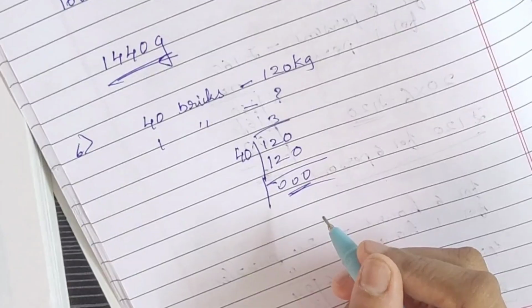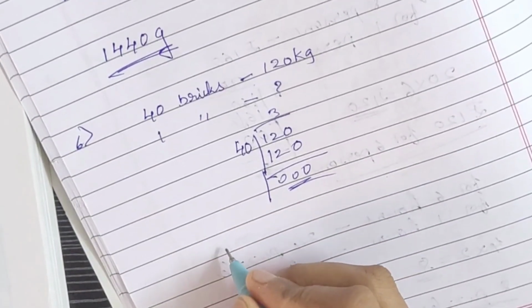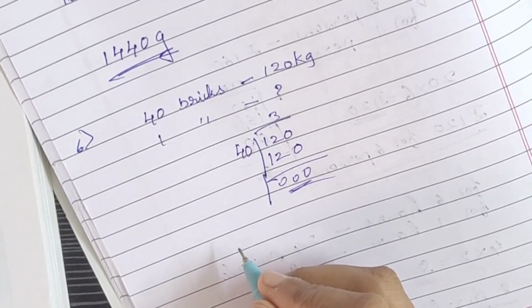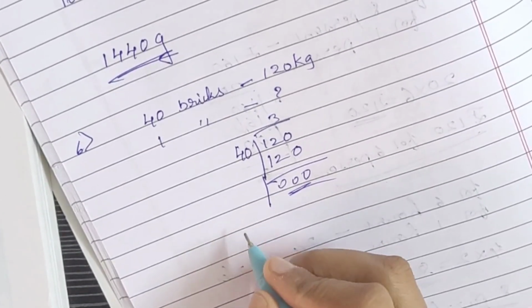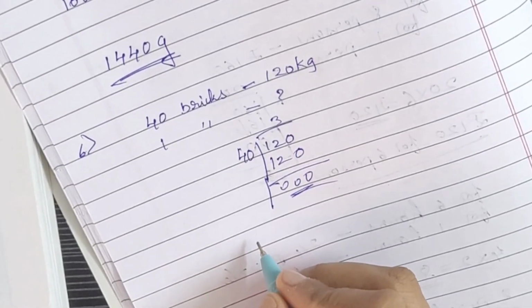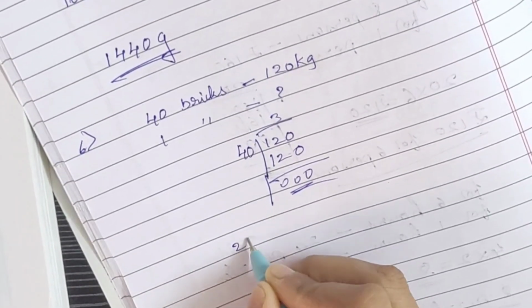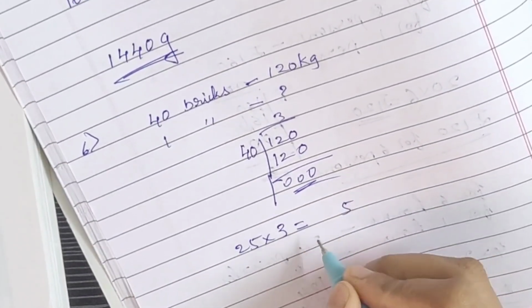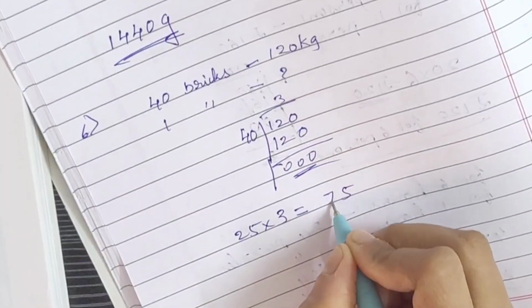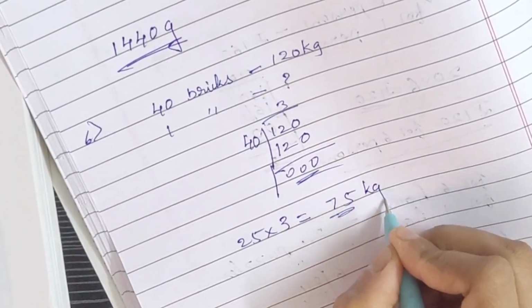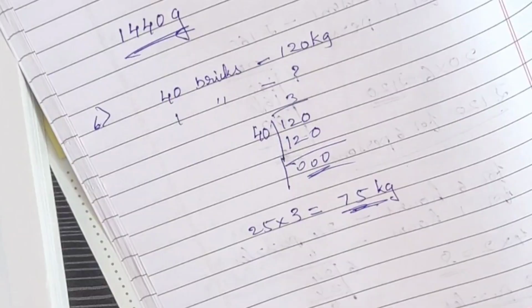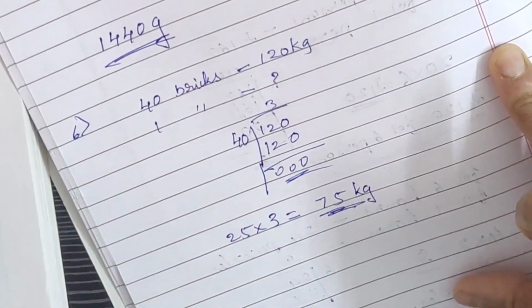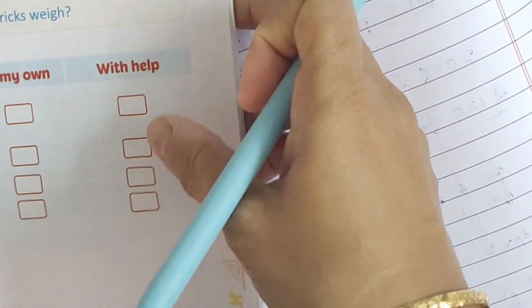So, 3. So, for 1 brick, it's 3 kg. How much would 25 bricks weigh? So 25 into 3, 75 kg. For 25 bricks, it's 75 kg. Understood this?